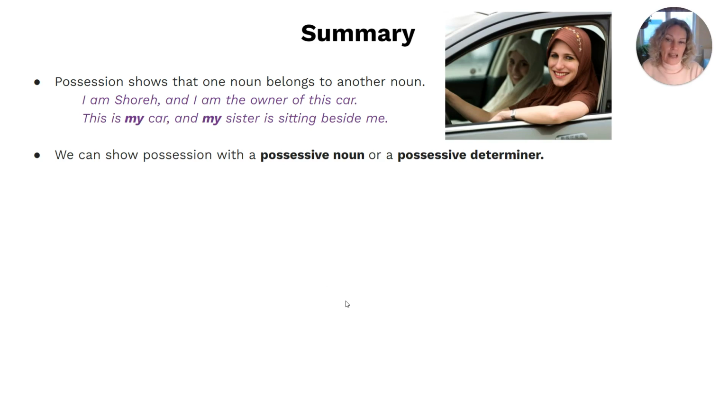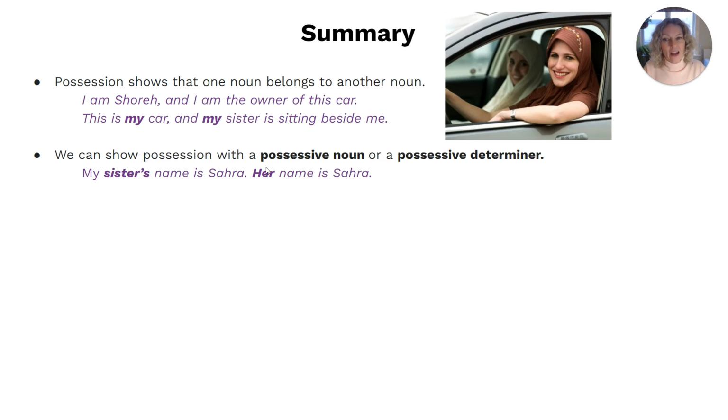We can show possession with a possessive noun or a possessive determiner. So here's an example of a possessive noun. My sister's name is Sarah. So that apostrophe S shows that the sister is the owner of the name.